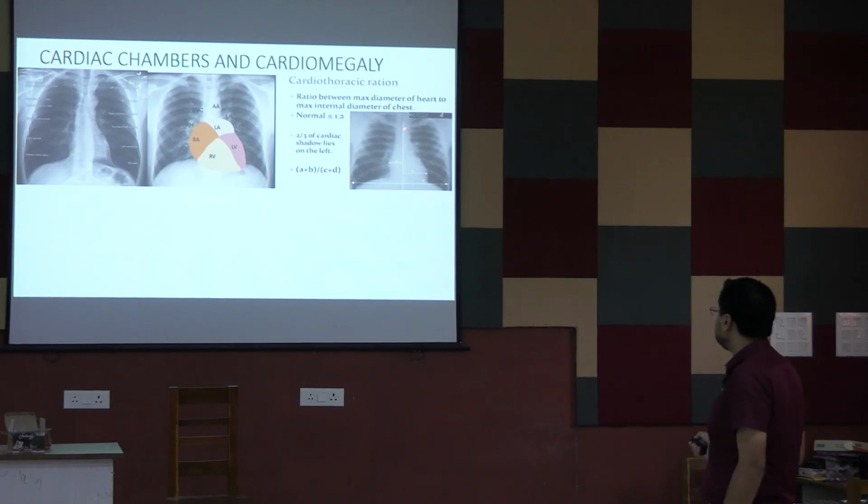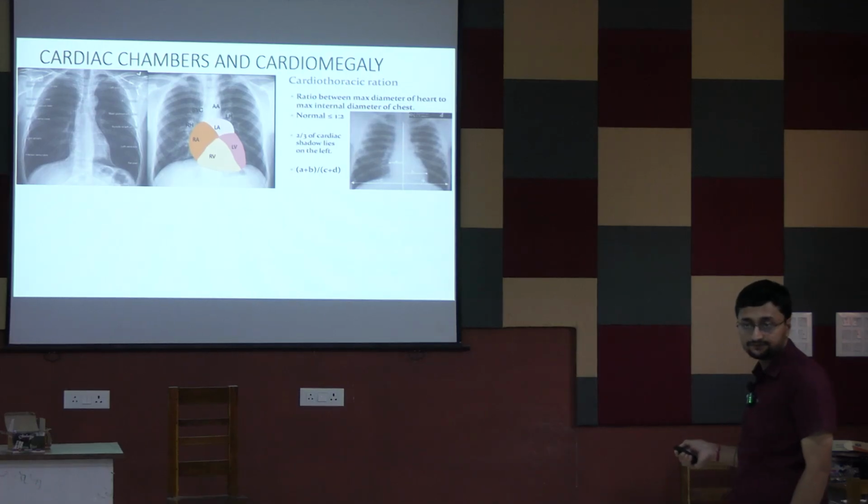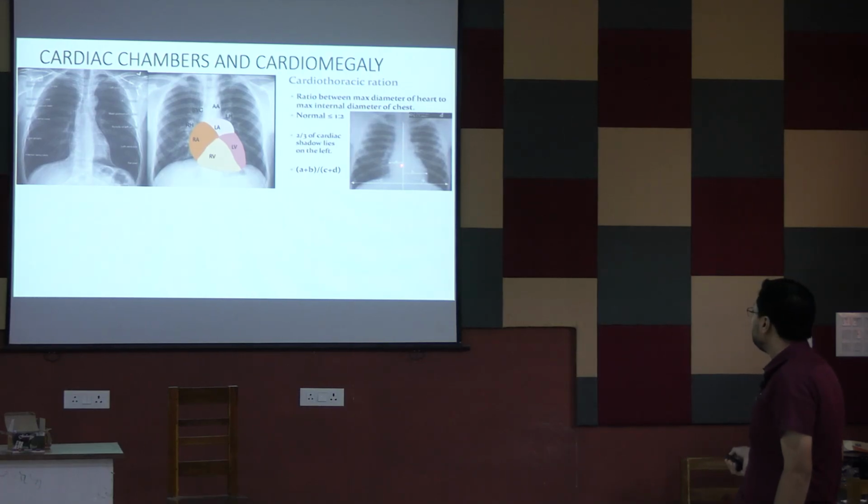So you have to draw a line through the spinous process. This is the line through the spinous process. Then you have to measure the right ventricular diameter, that means from that line to the right ventricle. This is A and this is the diameter of the left ventricle, from the line to that of the left ventricle.